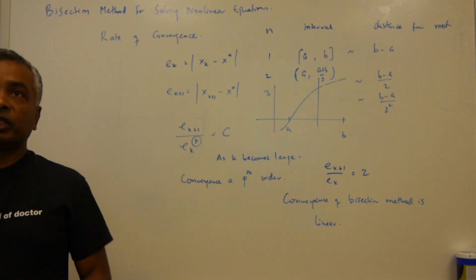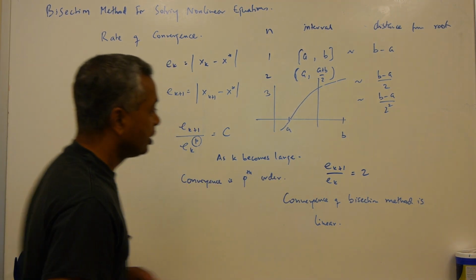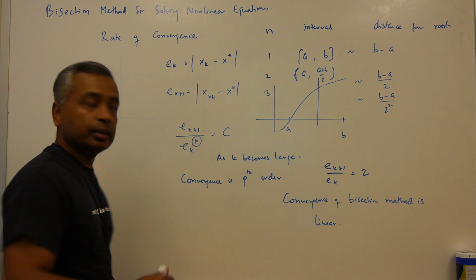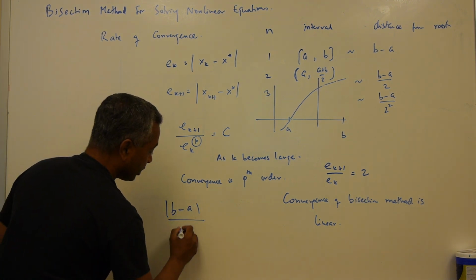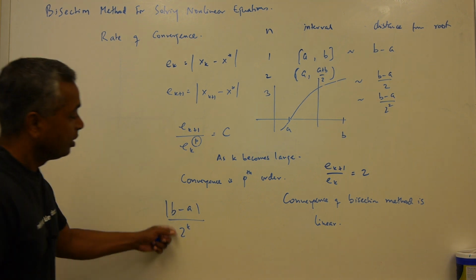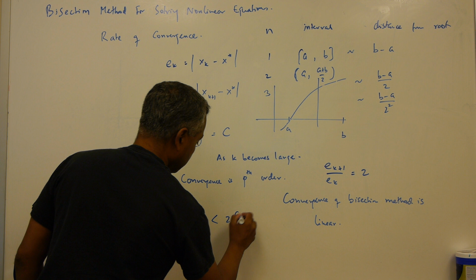Specifically, let's say after k iterations the error is b minus a over 2 to the power k, and you wanted the worst case error to be less than 2 delta.